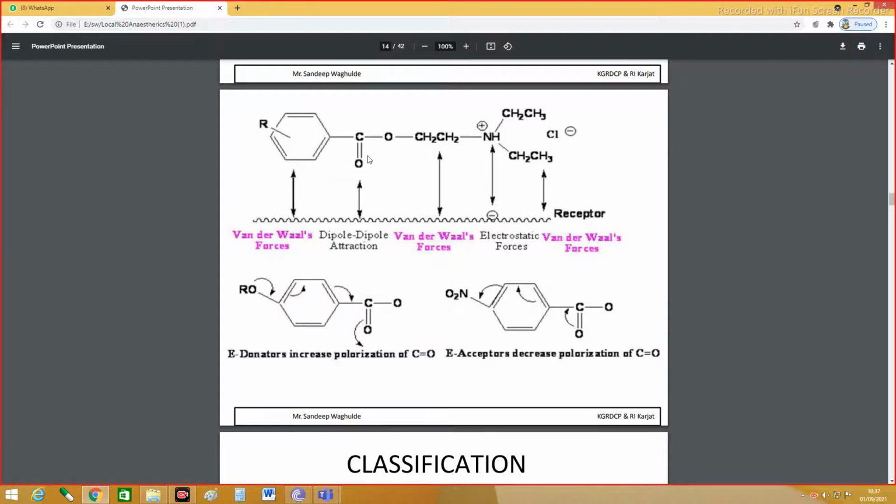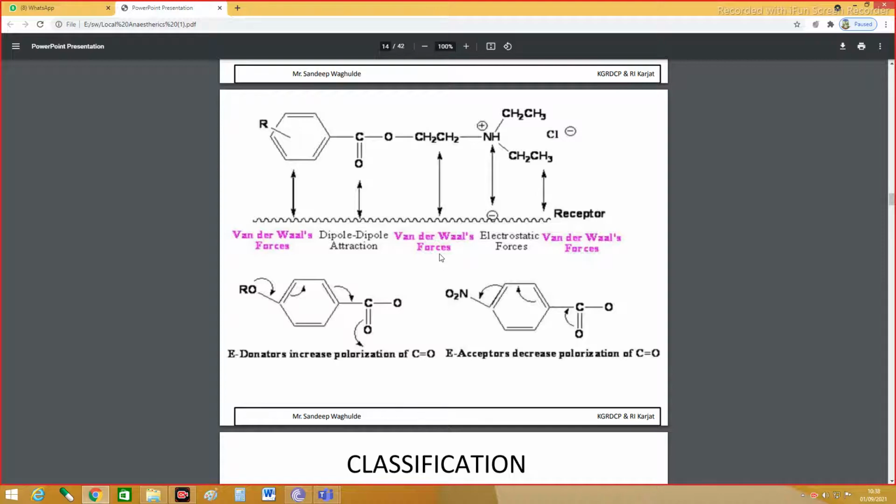It has an ester, and the carbonyl group of the ester has dipole-dipole attraction with the receptor. Then there is a bridge of two carbons. These two carbons provide lipophilicity as a resistance for the amide and ester, so they act through van der Waals forces with the receptor.